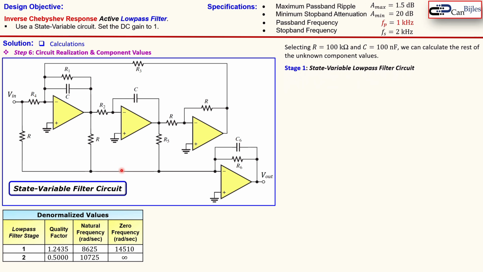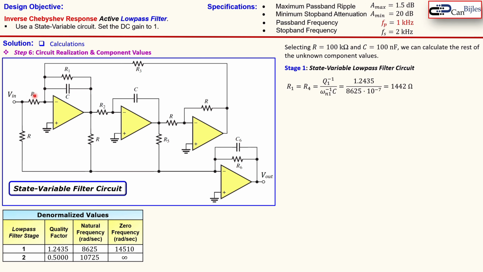Now we start with the first stage, stage 1. That's, by the way, the state variable low pass filter circuit. And if you ignore this C6, that is actually what we do. The C6 and the R6 are required for the stage 2 calculations. Now, R1 is equal to R2. That is the first step in this stage 1.